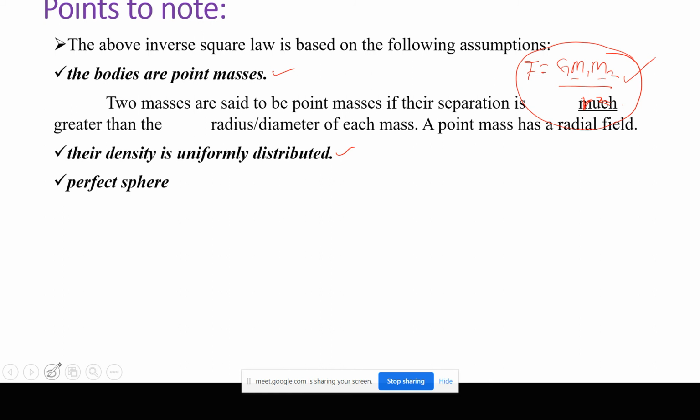And of course, a point mass has a radial field, as we have seen with the Earth. So their density is going to be assumed to be uniformly distributed, and the two masses are going to be assumed to be perfect spheres, especially if the bodies are rounded.